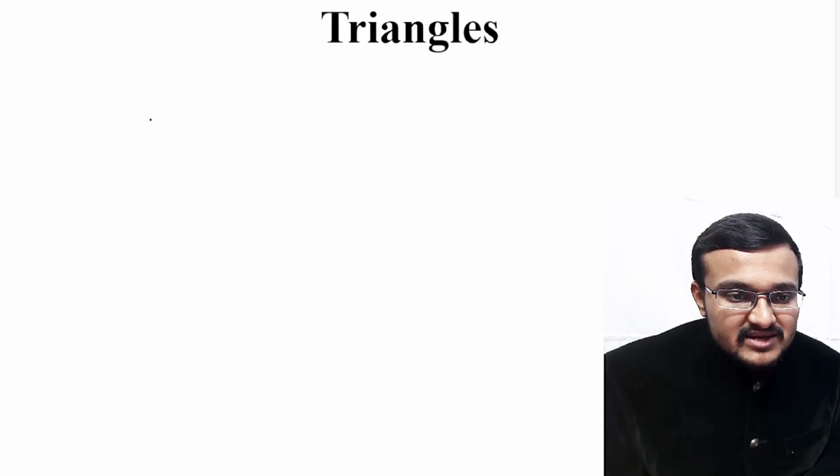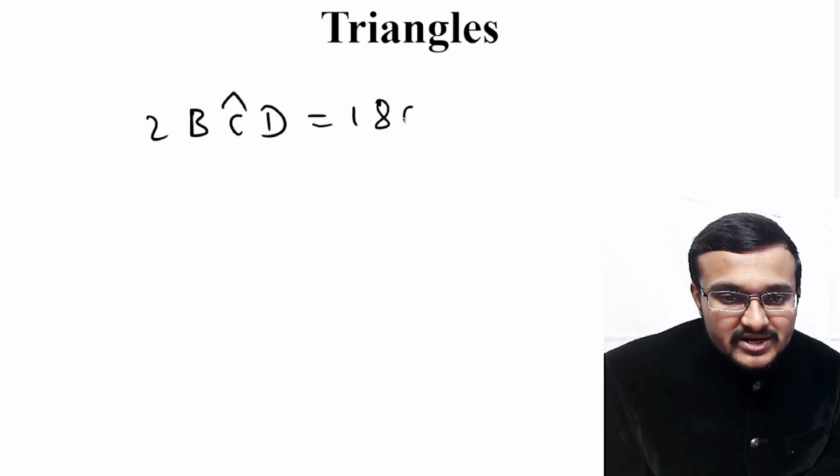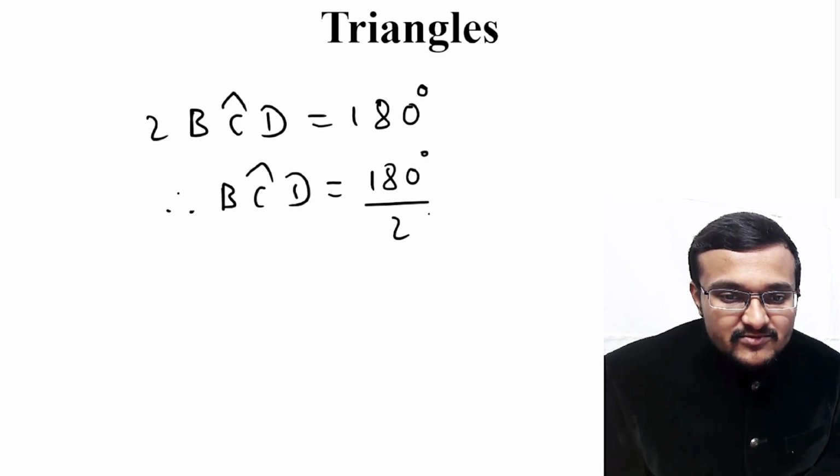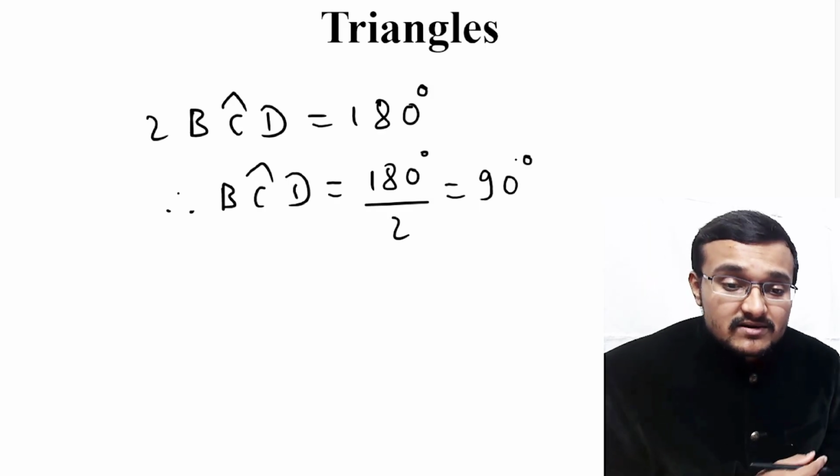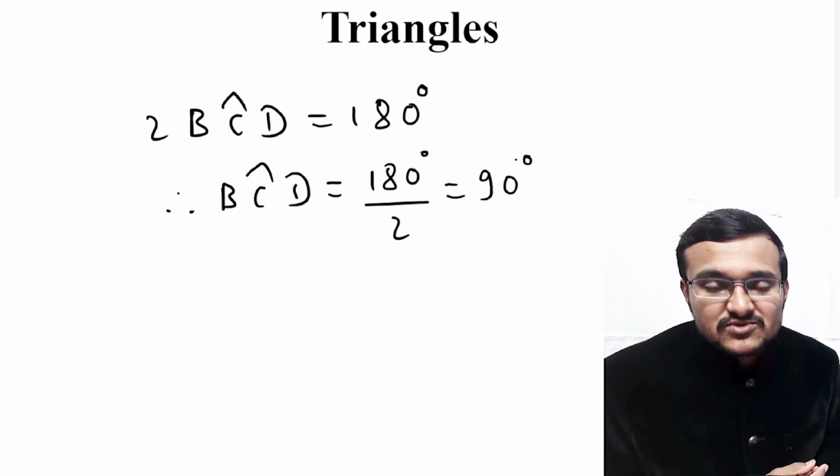BCD plus BCD will be 2BCD. So 2BCD is equal to 180 degrees. Therefore BCD will be equal to 180 degrees divided by 2, which is equal to 90 degrees. They had asked to prove that angle BCD is equal to 90 degrees, and we have proved that.